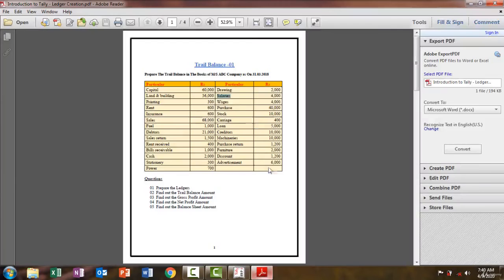Then wages. Wages are direct expenses because we are directly giving it to the factory people.